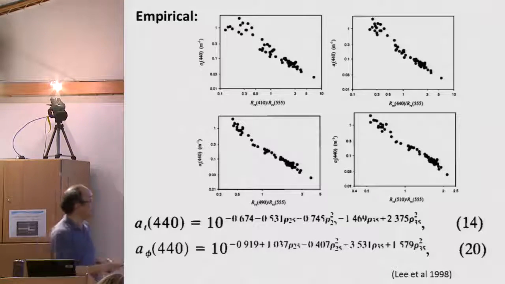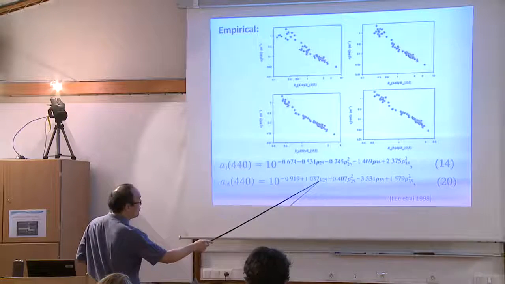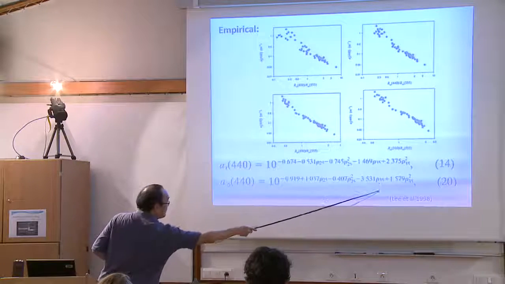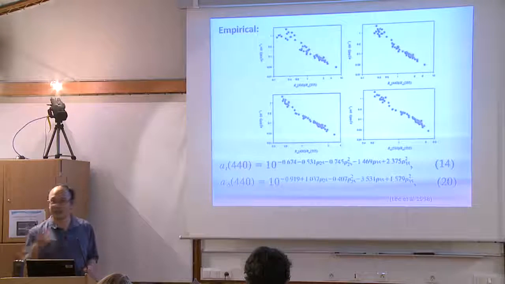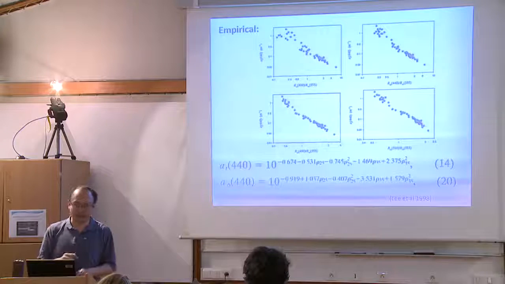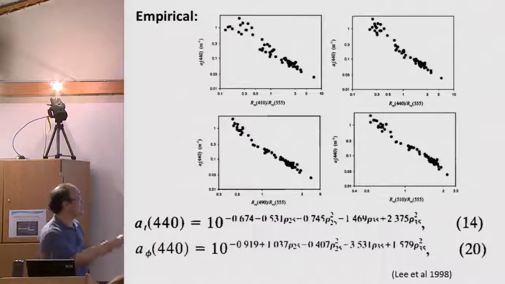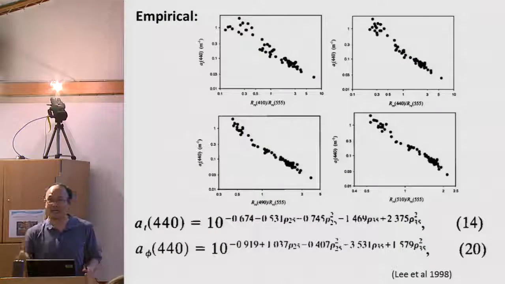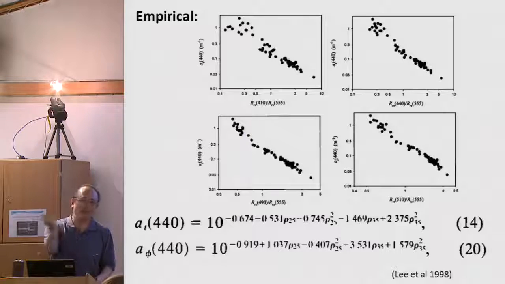So that ratio, this is 440 to 550, this is 490 to 550, a combination of these can give you an indication of either total absorption or phytoplankton absorption. But again, these are empirical, data-based algorithms. When you have the data, you can play all these kinds of games.